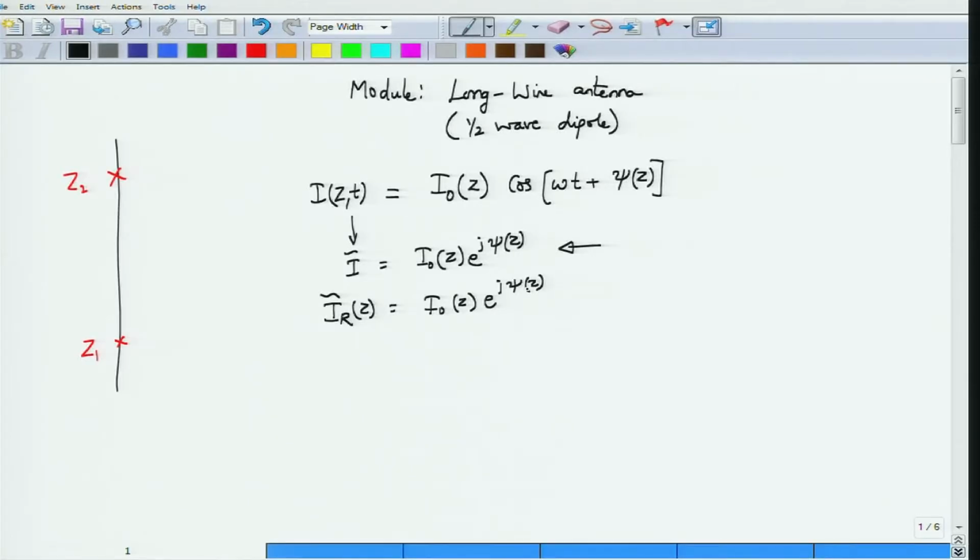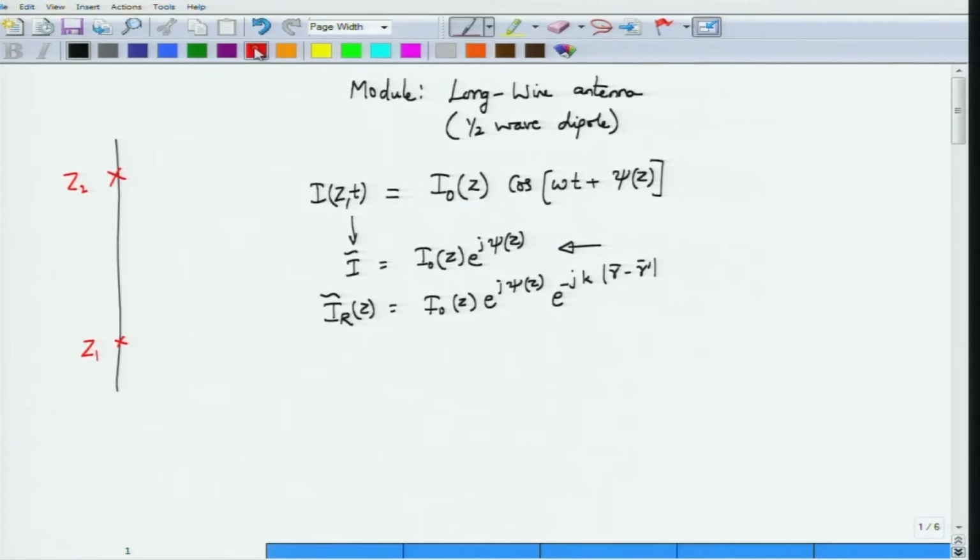This is the original current, but to account for the propagation, I have e to the power minus j k, k being 2 pi by lambda, times the magnitude of r minus r prime. This is the distance between the source point r prime and the field point r where we are calculating.